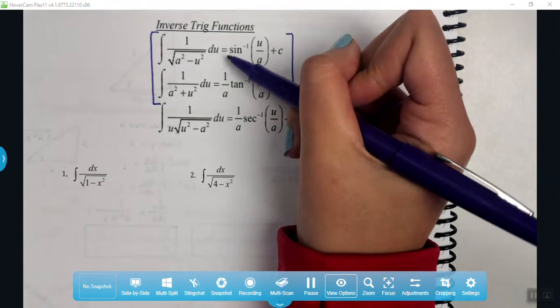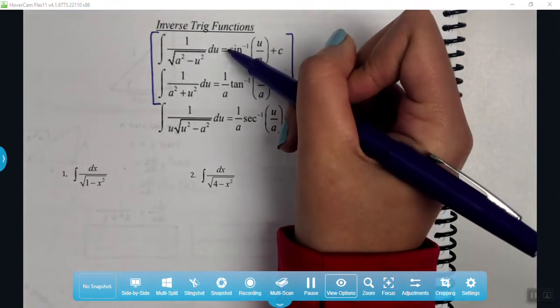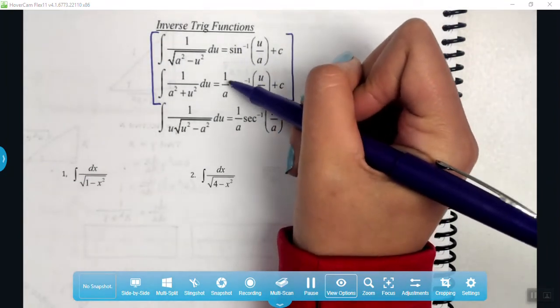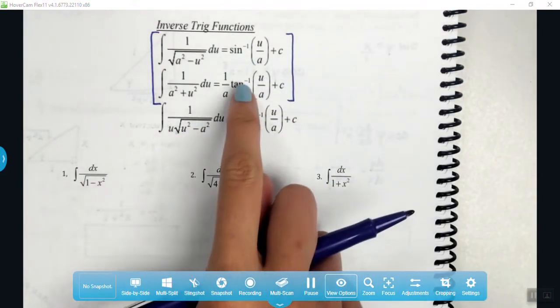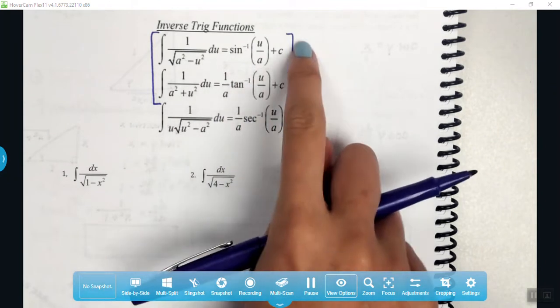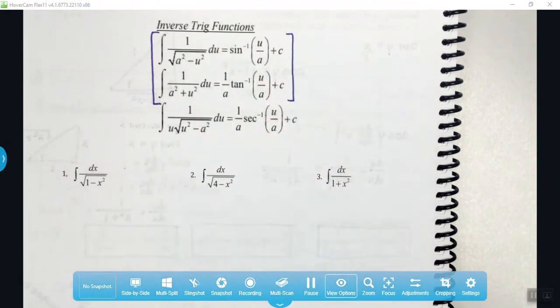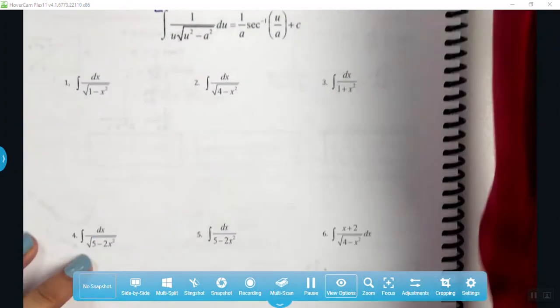Inverse sine has no 1 over a in front, inverse tangent does. I can explain what's going on there, or you can just memorize the formula. So we'll do a couple examples of that so that you know what to do.